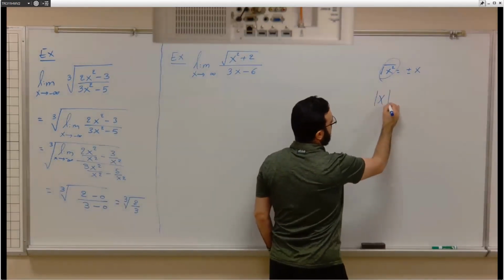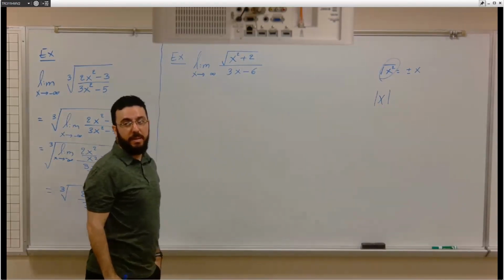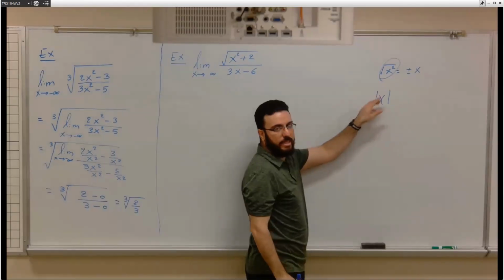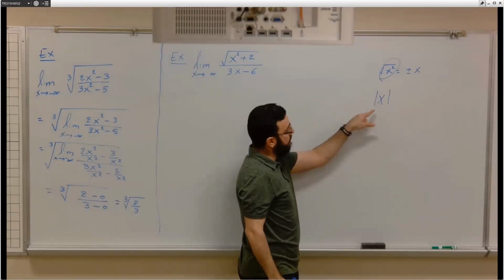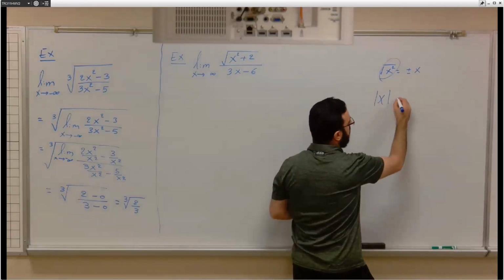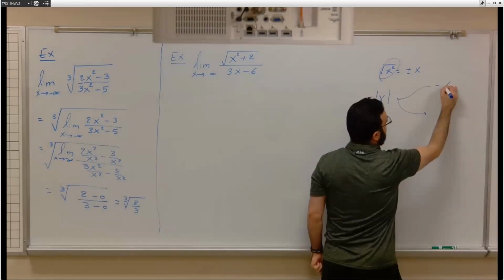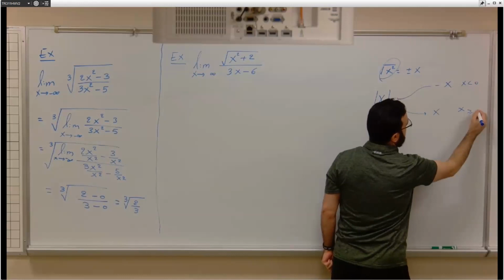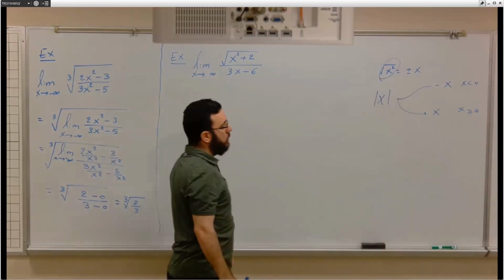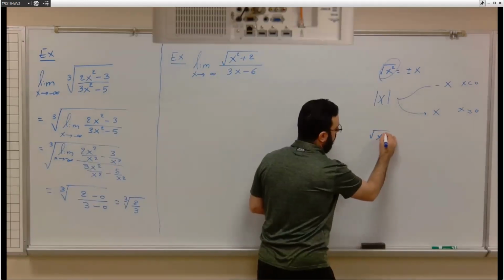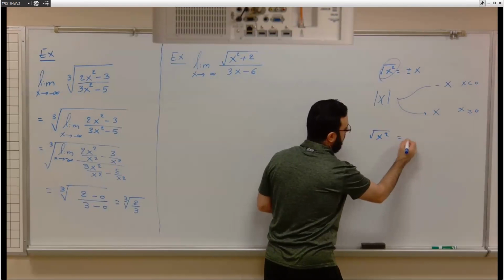Think about the absolute value of x: if I plug in negative x, the result is positive. If I plug in positive x, the result is positive. So I have two inputs: negative when x is less than 0, or positive when x is greater than 0. That means the square root of x squared is pretty much similar to the absolute value.